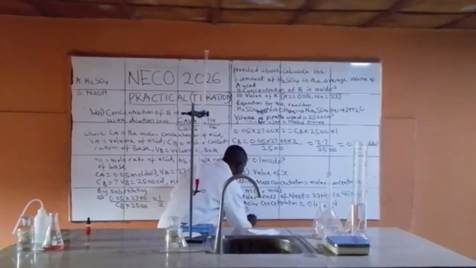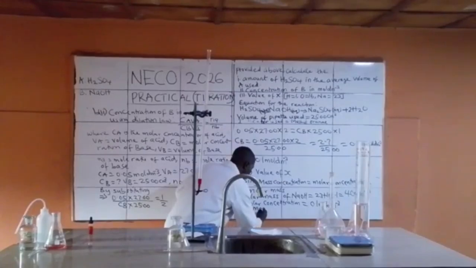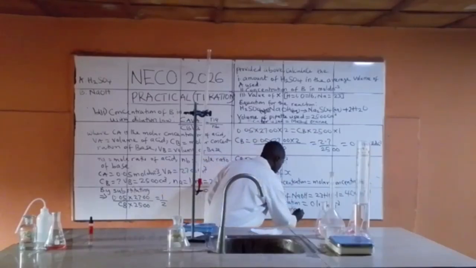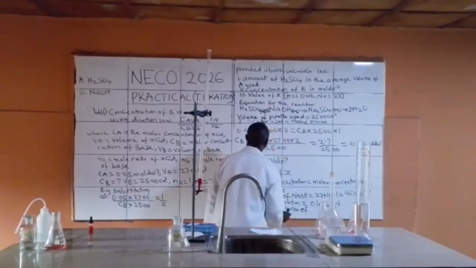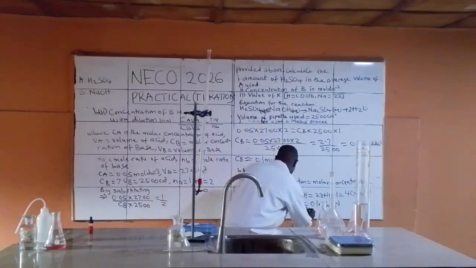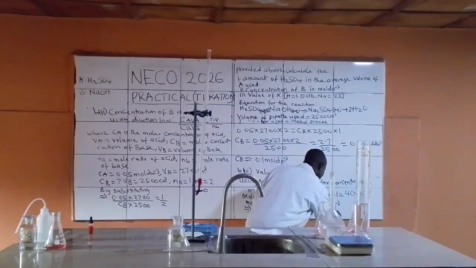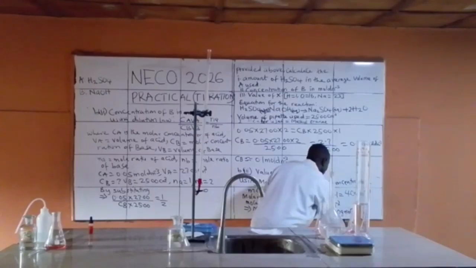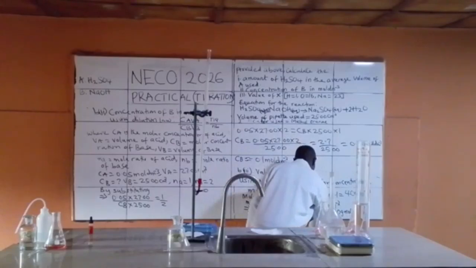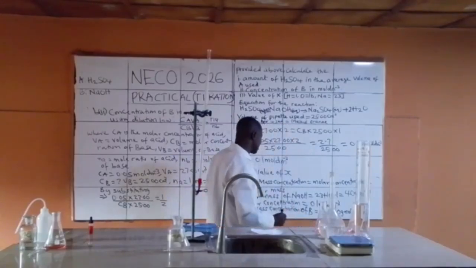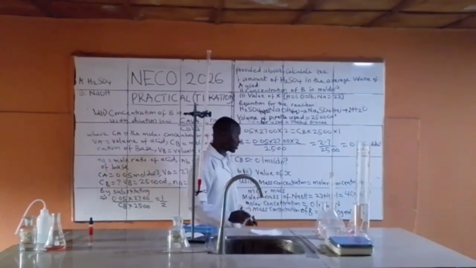By substituting, we have mass concentration of B is equal to 0.1 times 40 gram per mole.